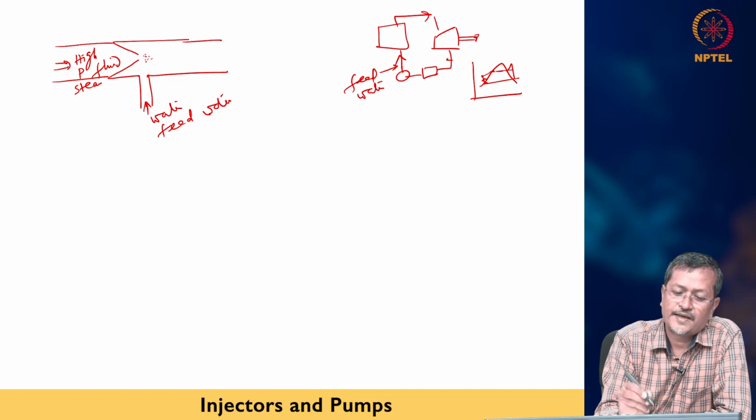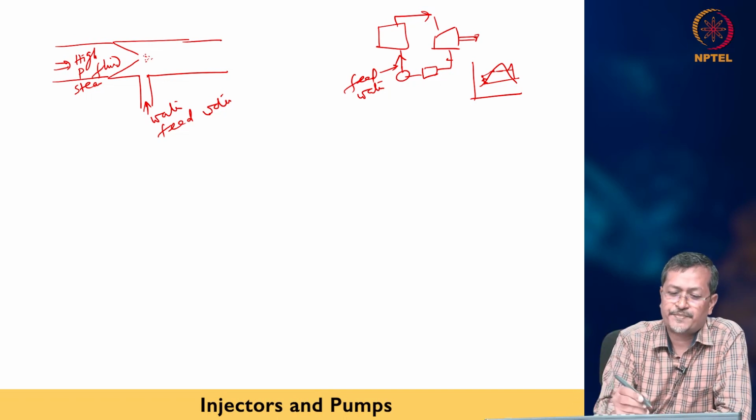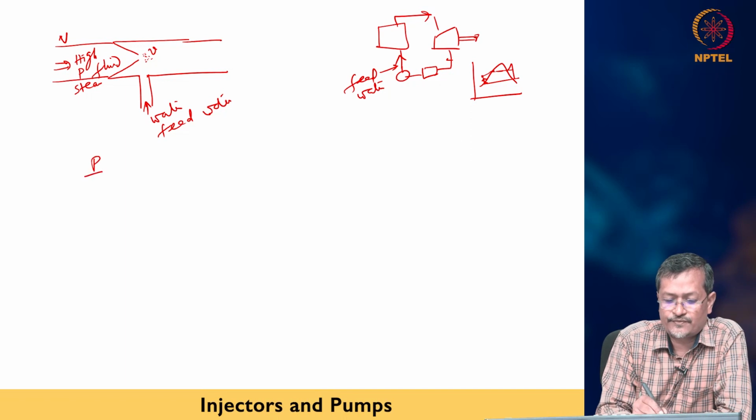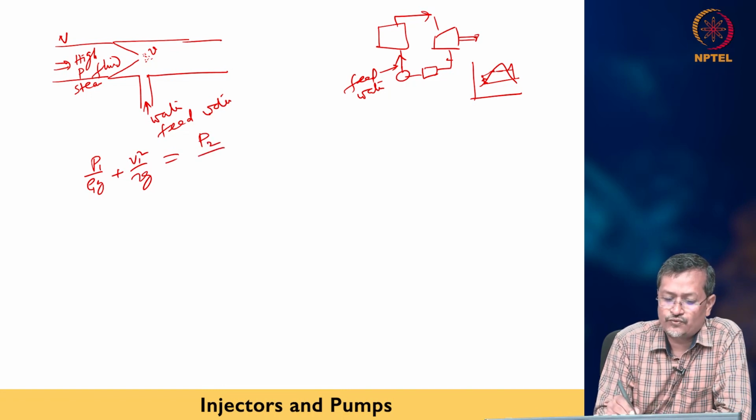Okay, and when high pressure steam passes through this small narrow channel, it will increase velocity. Let us say initially velocity v. So what will happen? P by rho g plus v square by 2g equals p2 by rho g plus v2 square by 2g.